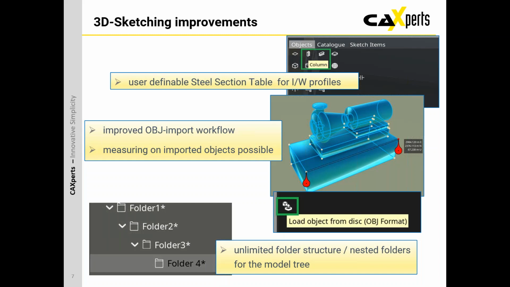It's just an Excel list that is loaded in the background with the dimensions, and the users of a project or the admin for a project can decide what steel sections table are now provided in a model.